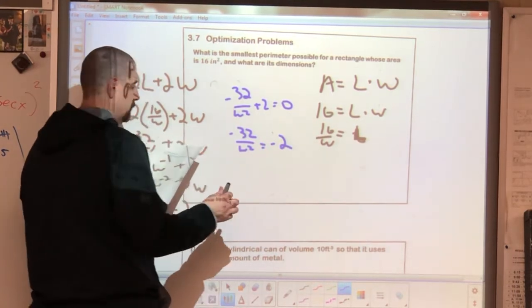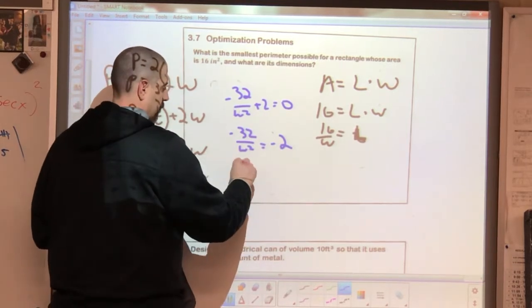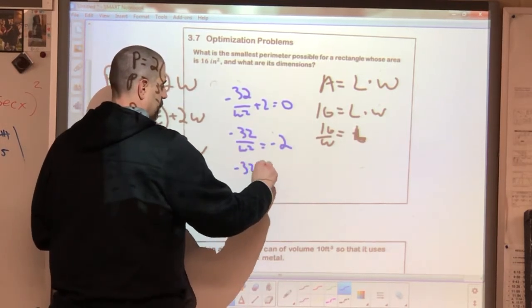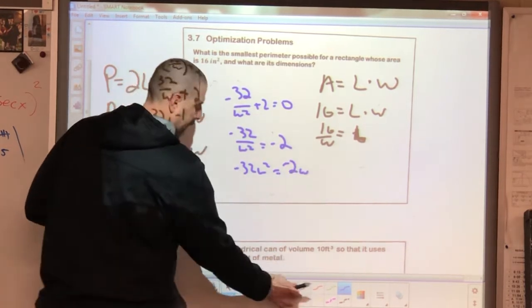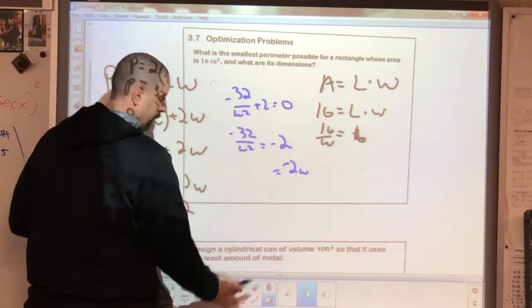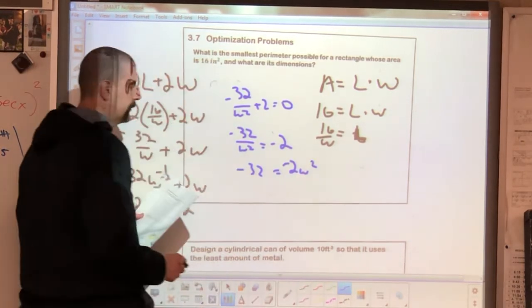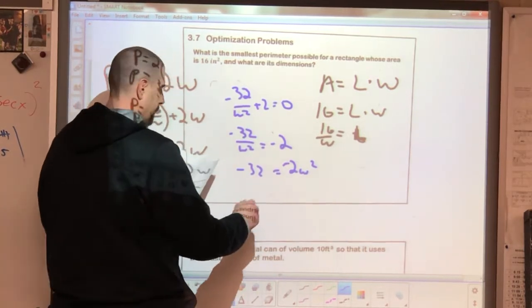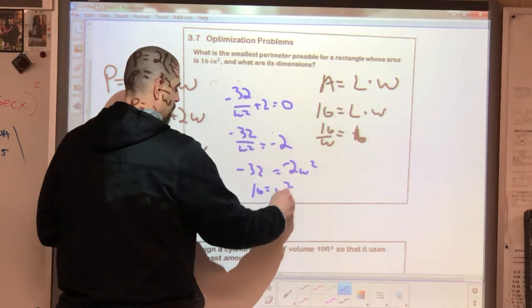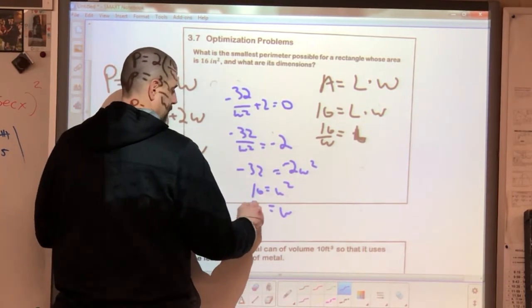Multiply both sides by W squared, so you'll get negative 32 equals negative 2W squared. Divide both sides by negative 2. You're going to get 16 equals W squared. So W equals plus or minus 4.